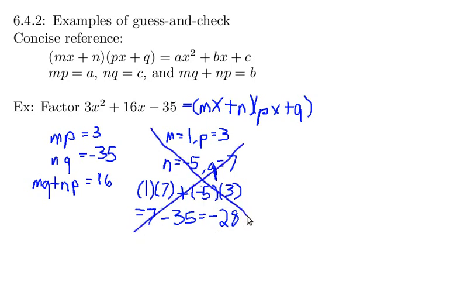So these are all prime numbers, so all I can do is mix up the order. Let's try mixing up these two. So I'll have m equals 3 and p equals 1, because we still need m times p to equal 3. Then I'll keep this the same: n equals negative 5 and q equals 7.